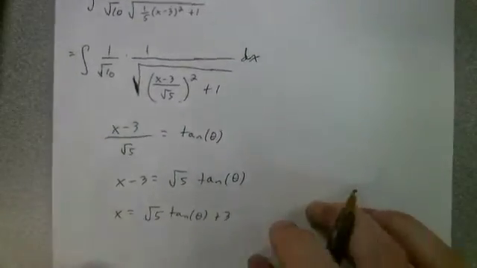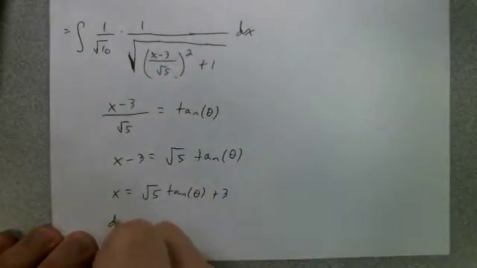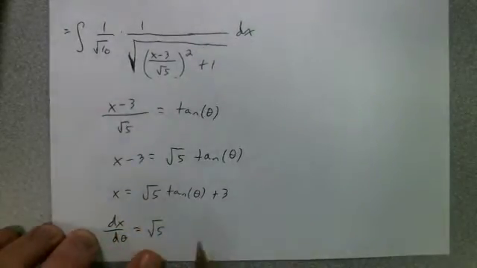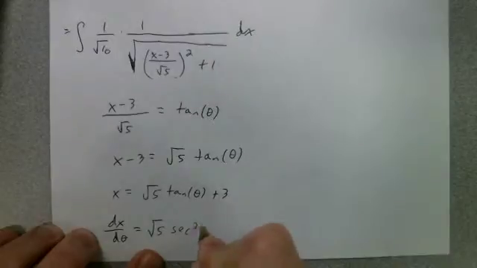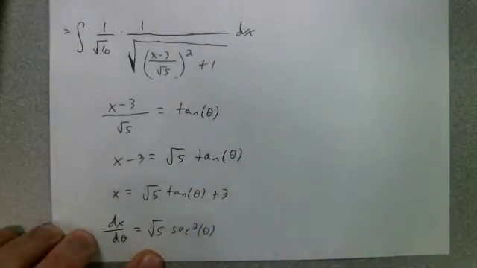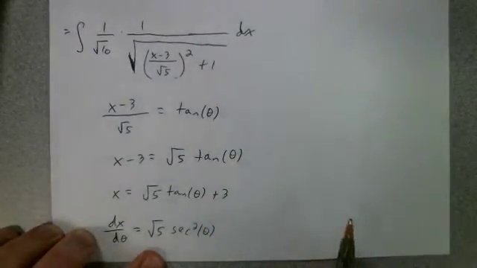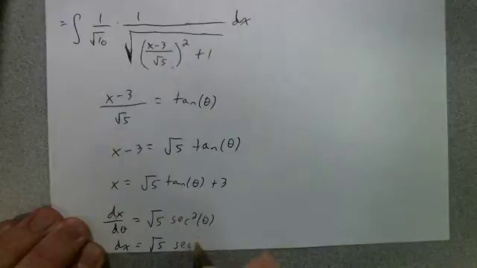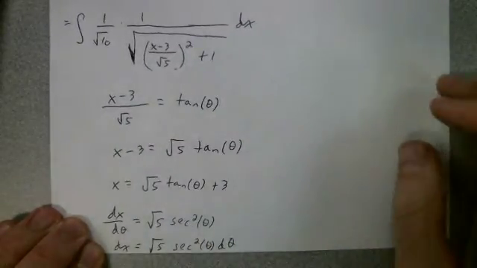I take derivatives: dx d theta is equal to root 5 times the derivative of tangent, secant squared theta. The derivative of 3 is 0, so that's pretty boring, and that guy's gone. So dx equals root 5 secant squared theta d theta. Now I replace stuff in my integral.